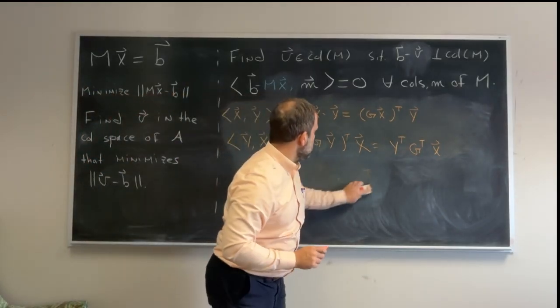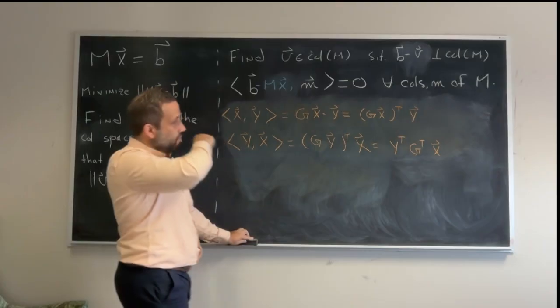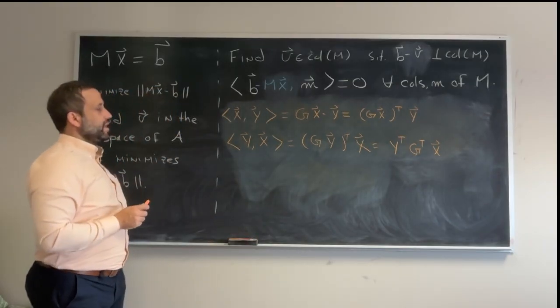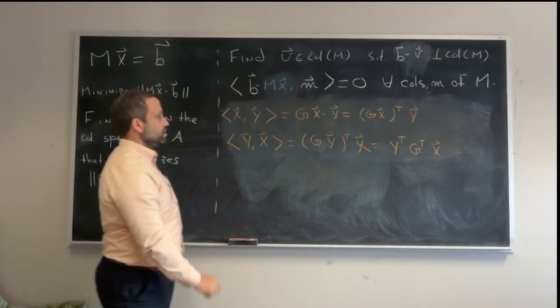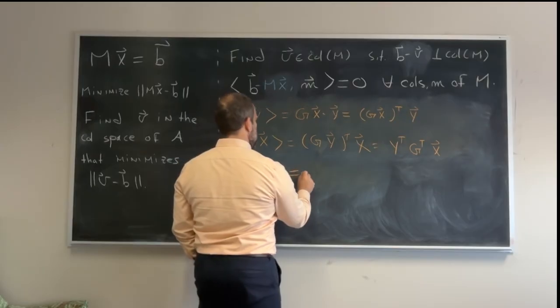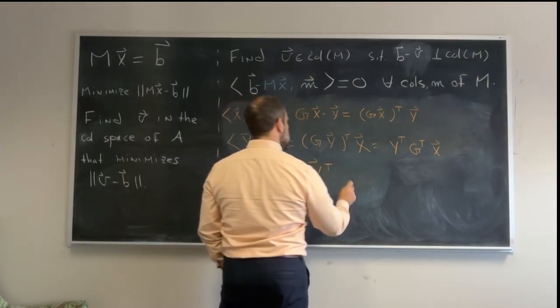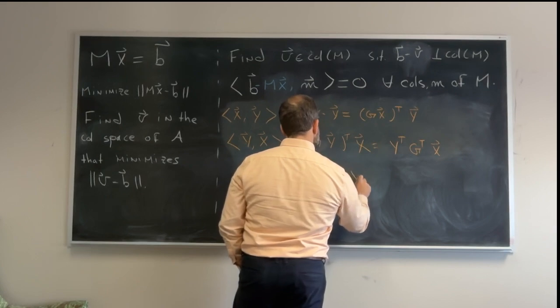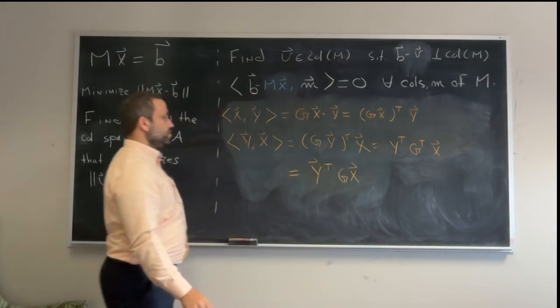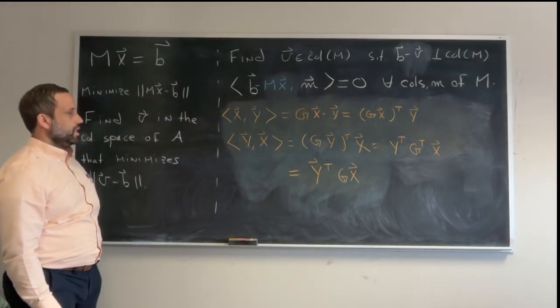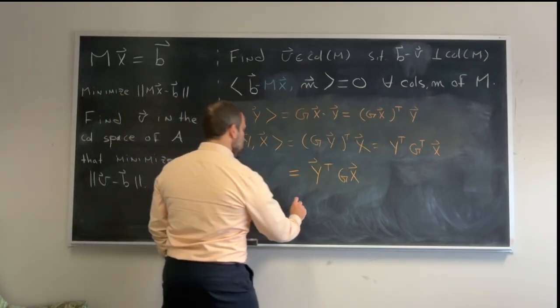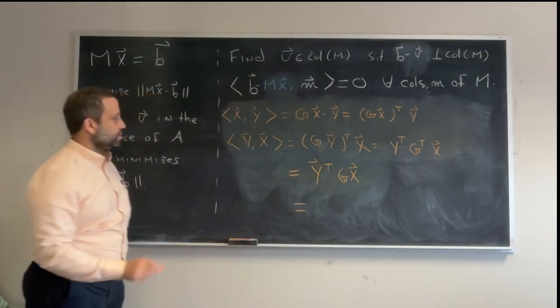That is true, but let me just back up a second and say the following. Since we're assuming that G is symmetric, G transpose is equal to G. And so this is equal to y transpose times Gx. And now, again, this is just the dot product.